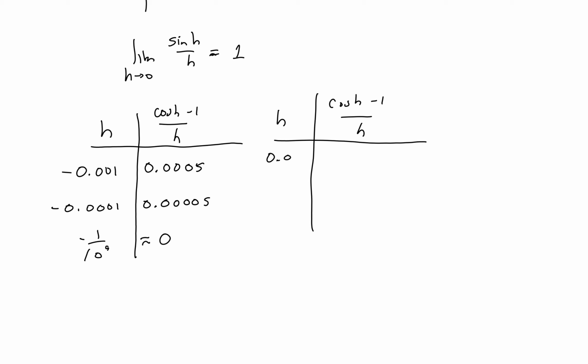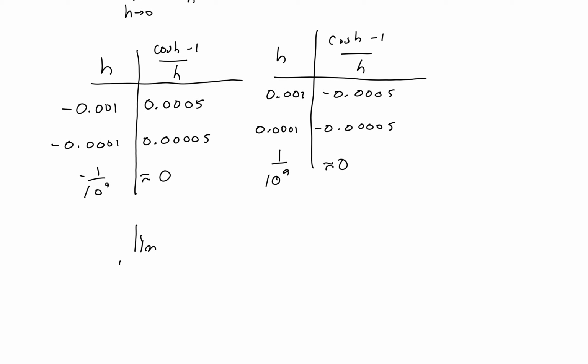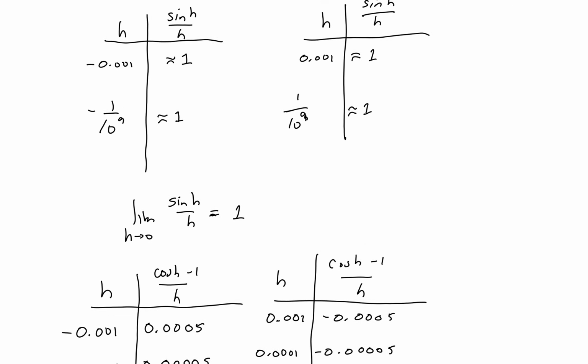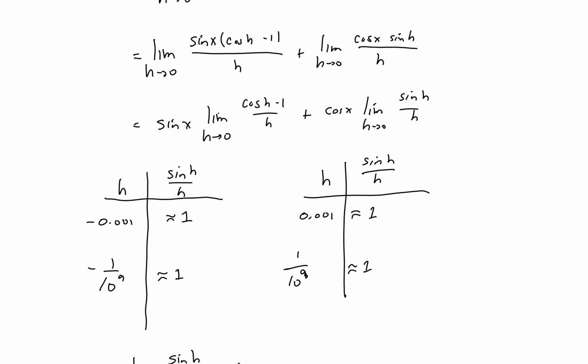And same thing for this side. So we're going to say that the limit as h goes to 0 of cosine of h minus 1 over h is 0. So now if we go back up, we can see what's going on here.